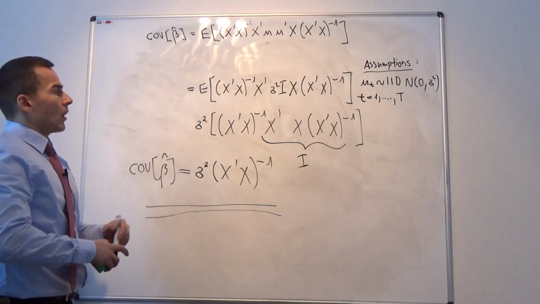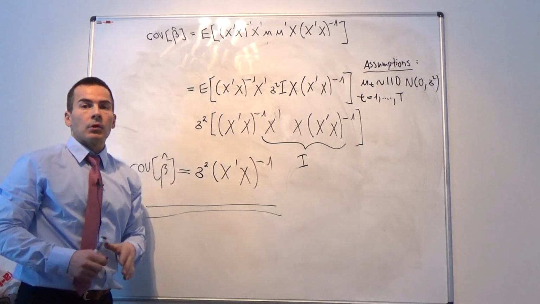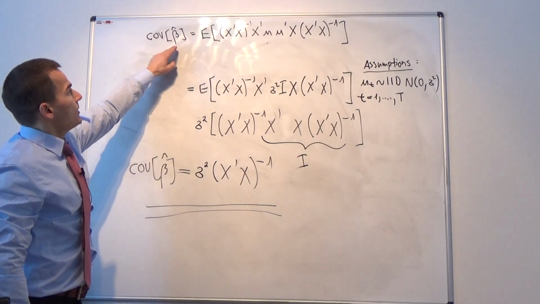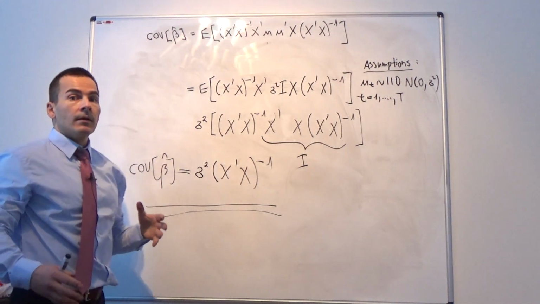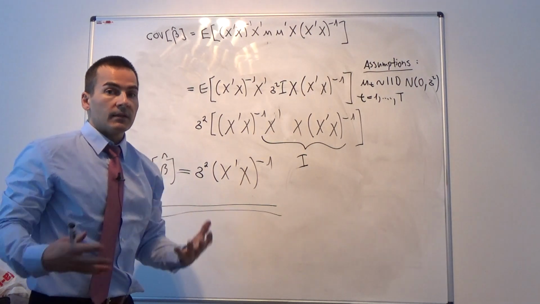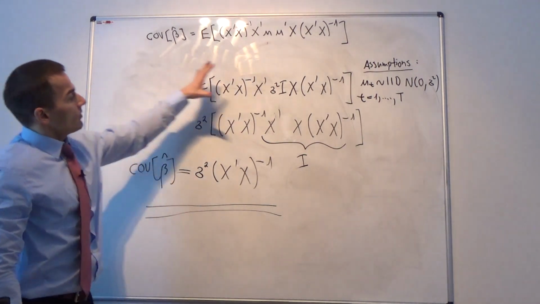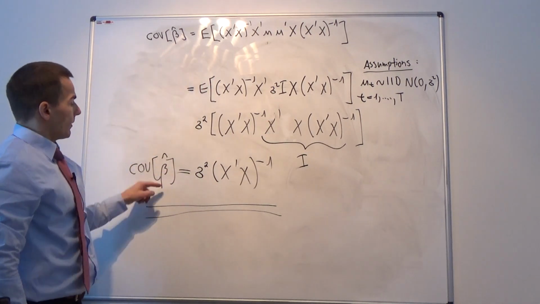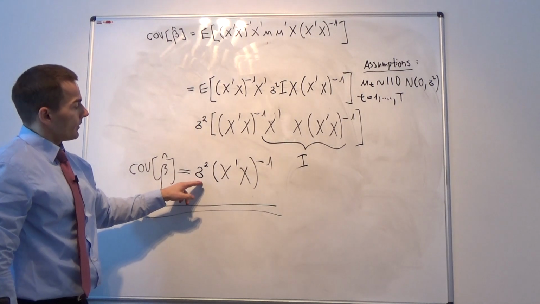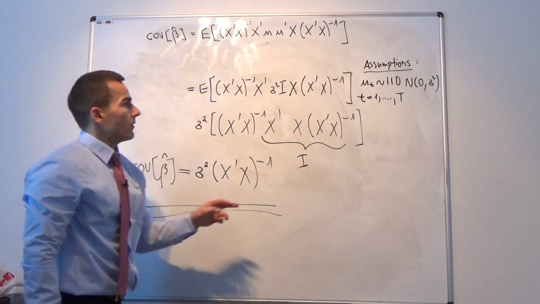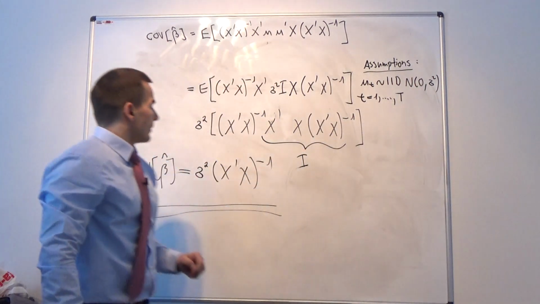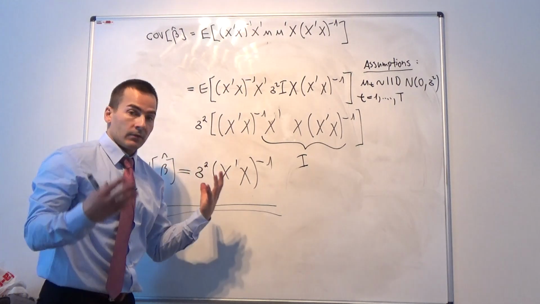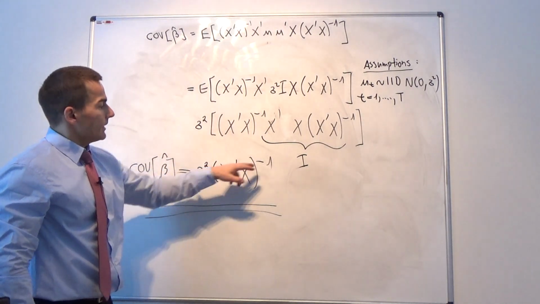So that's a very important result. Based upon our assumptions, if our assumptions hold, the covariance matrix of our point estimator beta hat, which is necessary to estimate the t-statistics, breaks down to sigma square, which is the residual variance, times the regressor matrix transposed times itself inverted.